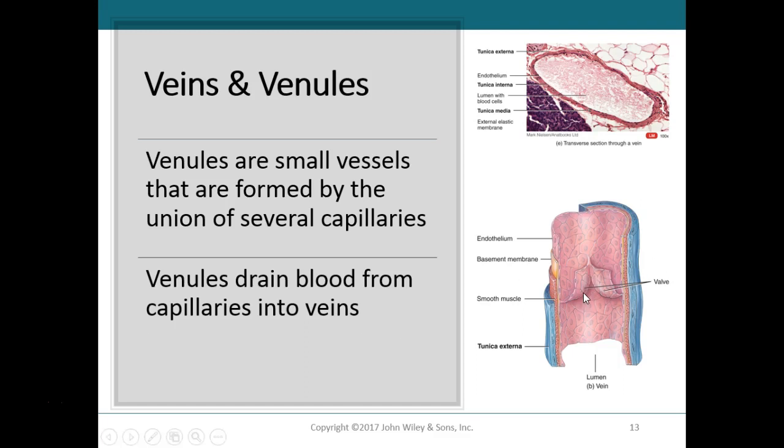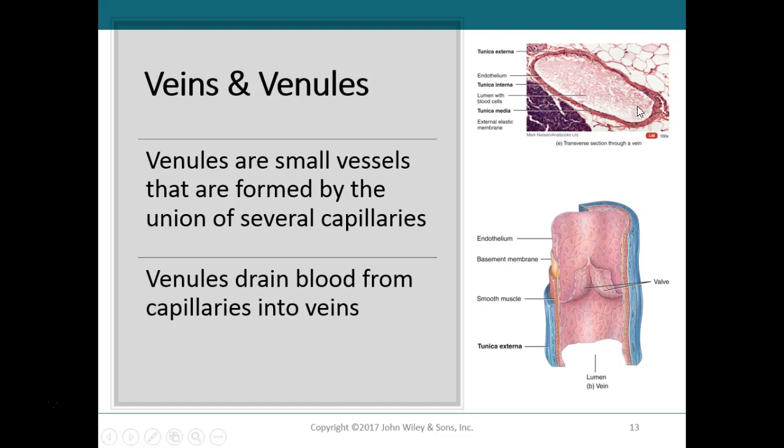So only certain veins have valves, and the valves are oriented so that blood can push upward back toward the heart, but when it comes back down, it smacks against those valves and pushes them closed, very much like a swinging door going into a saloon that will only open in one direction.